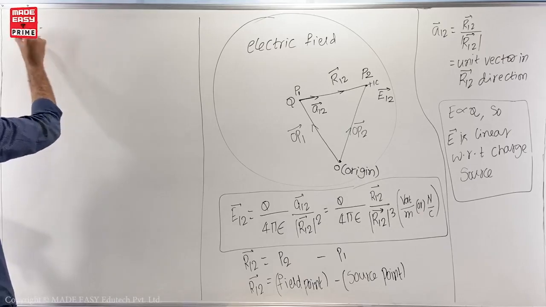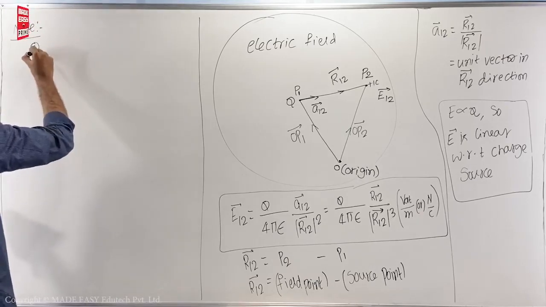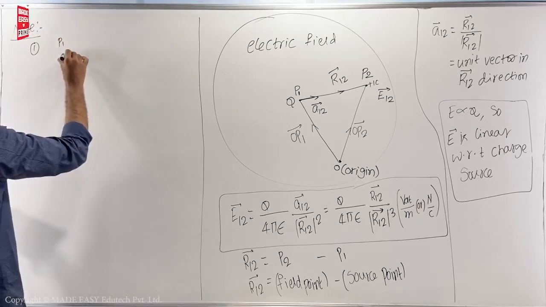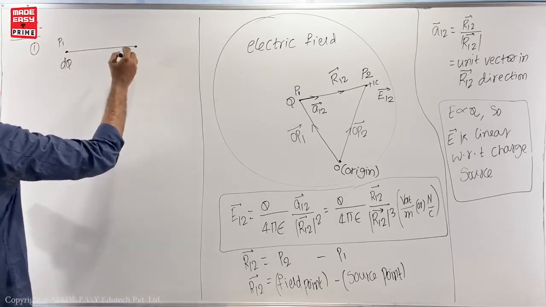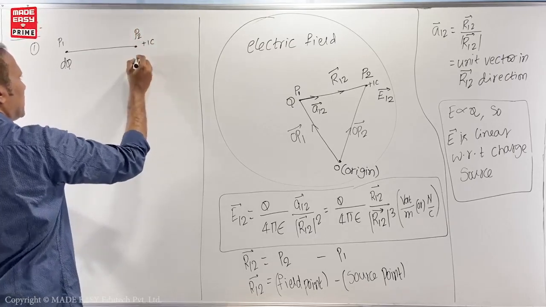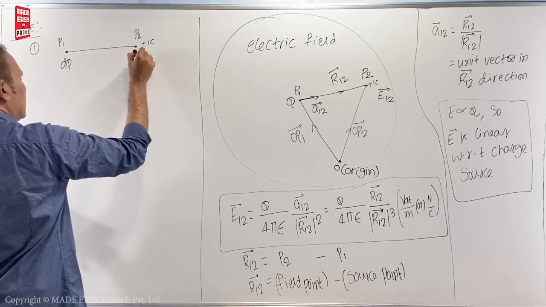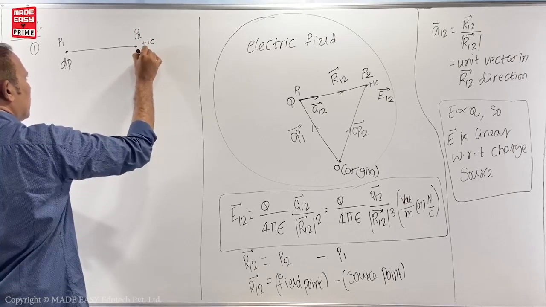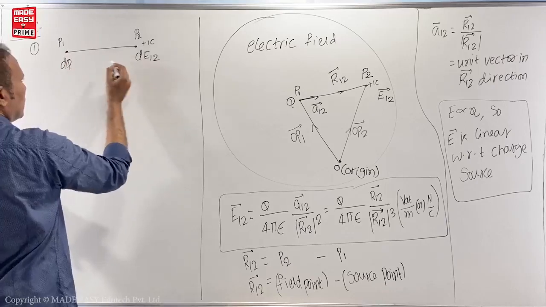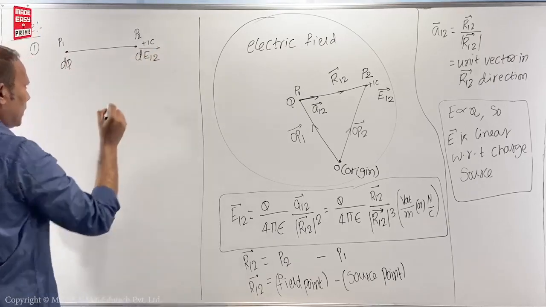First one, if dq charge is there, let us say at point 1 location, and at point 2 location let us say plus 1 coulomb charge is there, then the differential electric field intensity at point 2 due to dq charge at point 1 is dE12 bar.